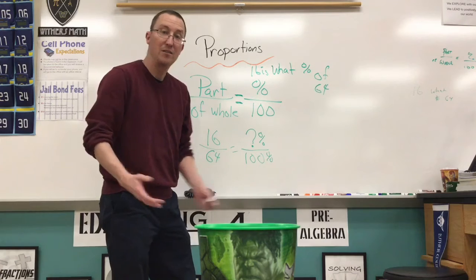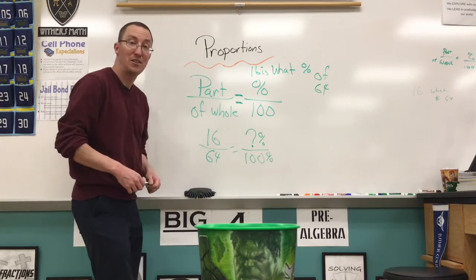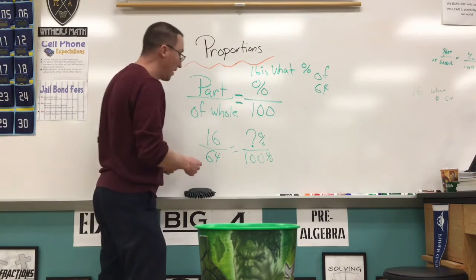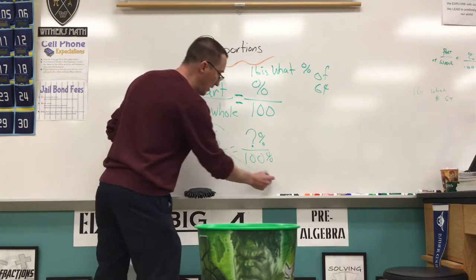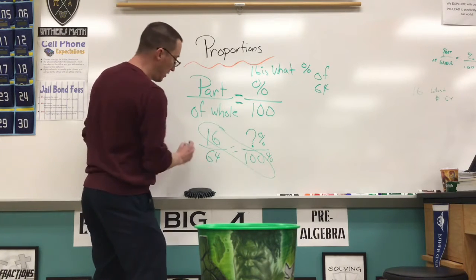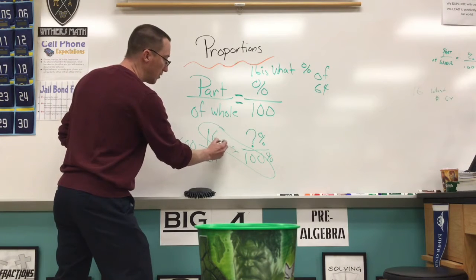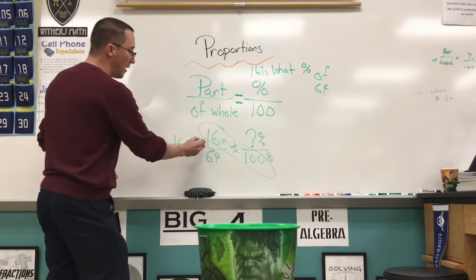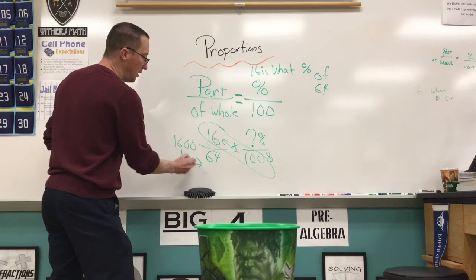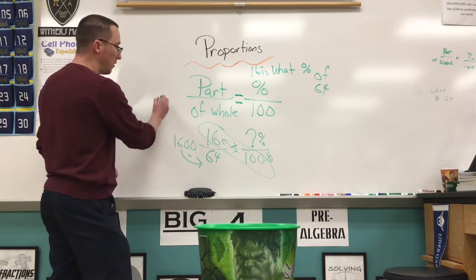And that's when we take out our trusty calculators, or we cross multiply 16 times 100, which is 1600. We put our little sign here to remember. And then we take 1600 and we divide it by 64.